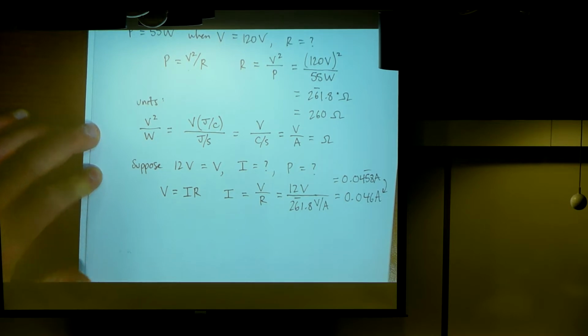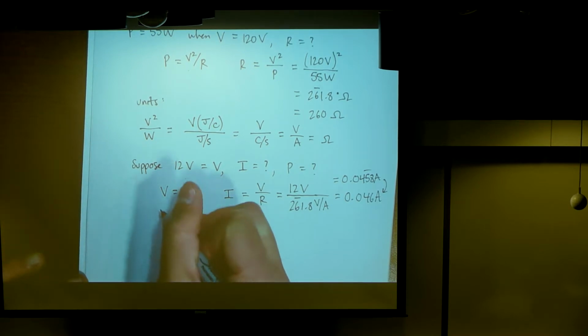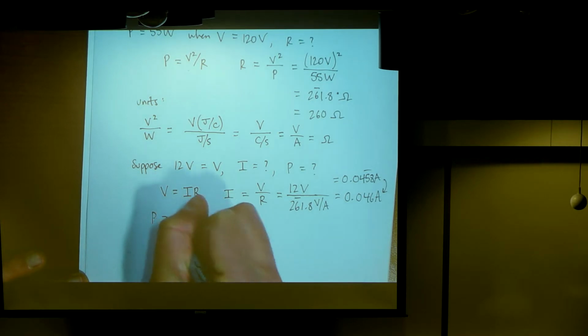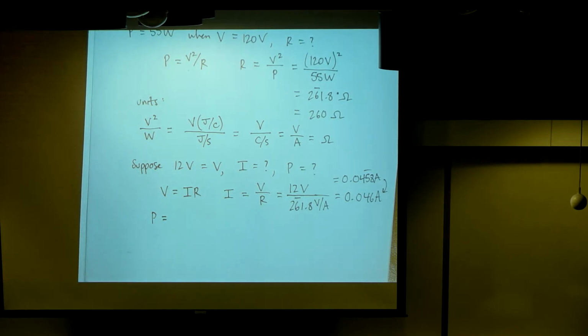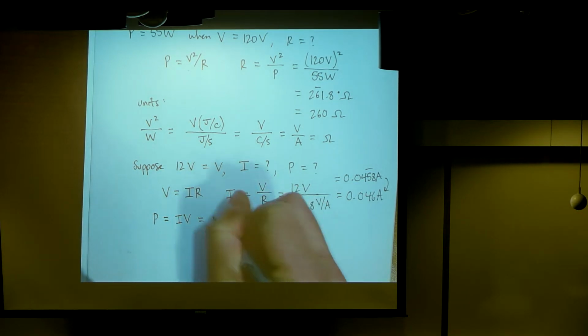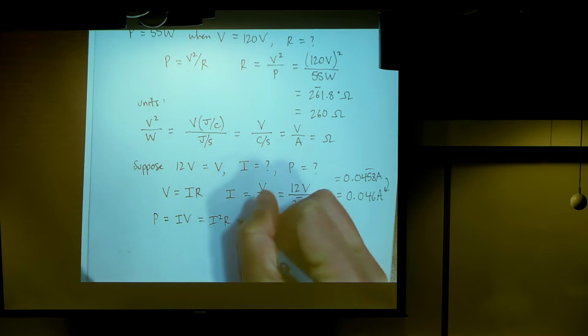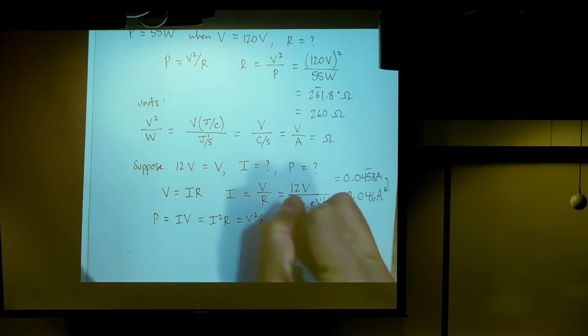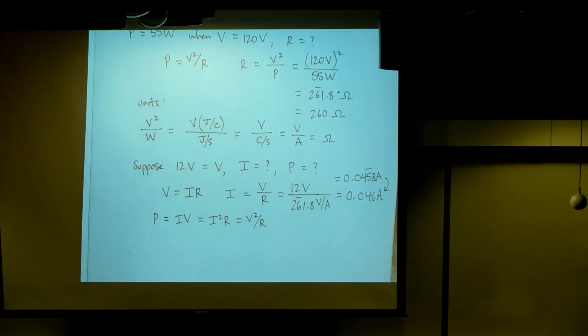All right, cool. So what could I do then to get the power output? I squared over R. Yeah, I could literally use any of the formulas we derived. I could use I times V, I could use I squared times R, I could use V squared over R. You can verify whichever one you use here, you'll get the same result. I don't know, which one do you want to use?